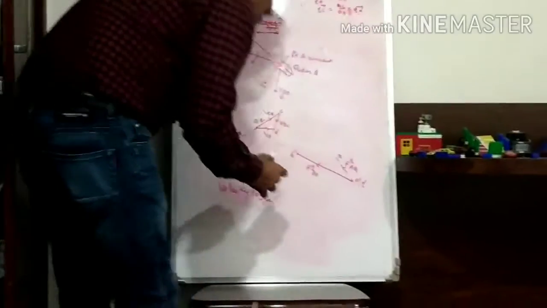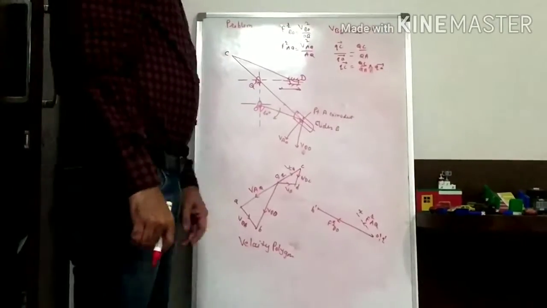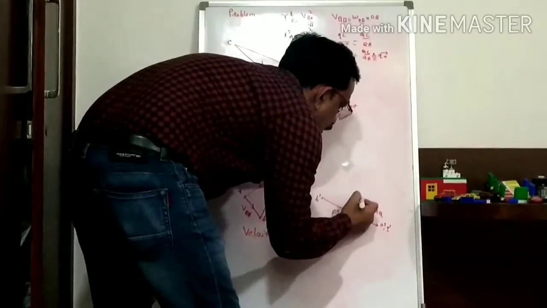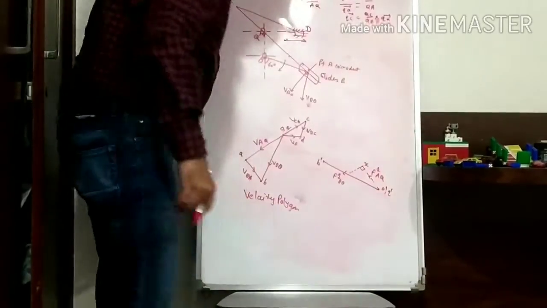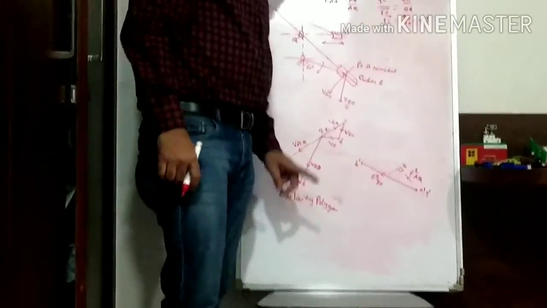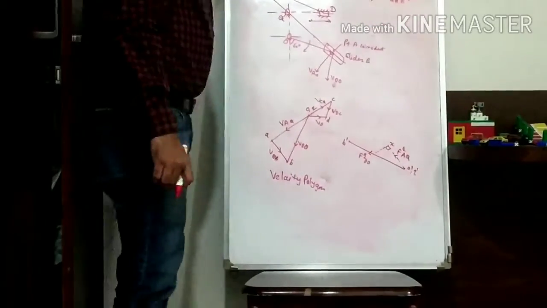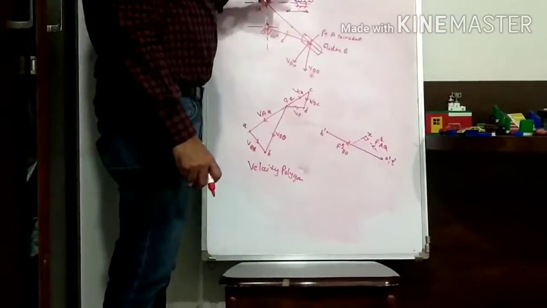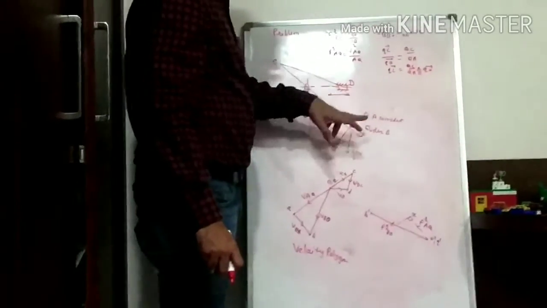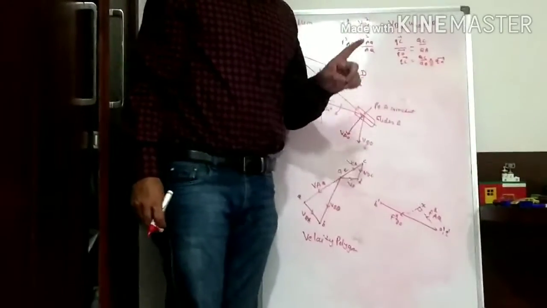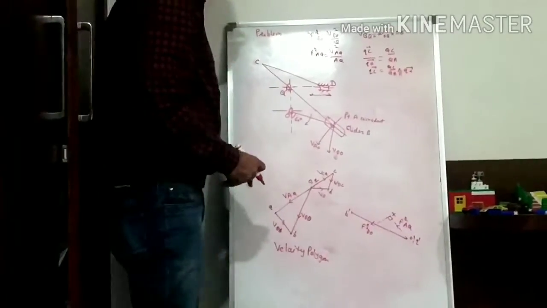Okay. Then another component is tangential, which is perpendicular. Here we know its direction only, we don't have its magnitude. Then next one is what? Now the acceleration of slider B with respect to A. So its tangential component means that is the Coriolis component of acceleration. That is the important thing.